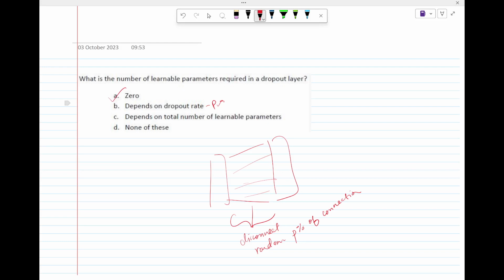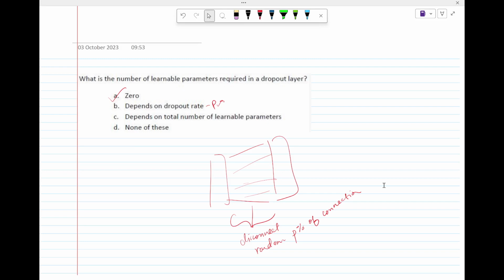Okay. Excuse me. Actually, I'm having a doubt in this question. Sure. In the dropout layer, there are some nodes which are dropped out, and other nodes are still there for the learning operations.